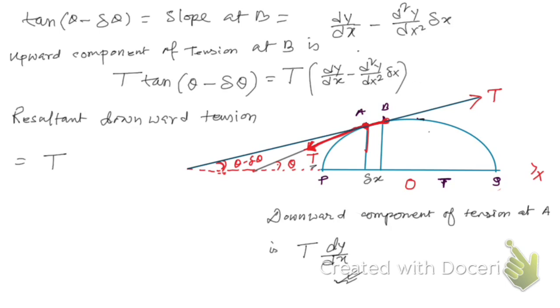So now the resultant downward tension will be the downward tension, that is T dy by dx, minus the upward tension, that is T of dy by dx minus the second order derivative of y with respect to x into delta x. So this is the resultant tension. Hope you have understood this. Let me write it properly.